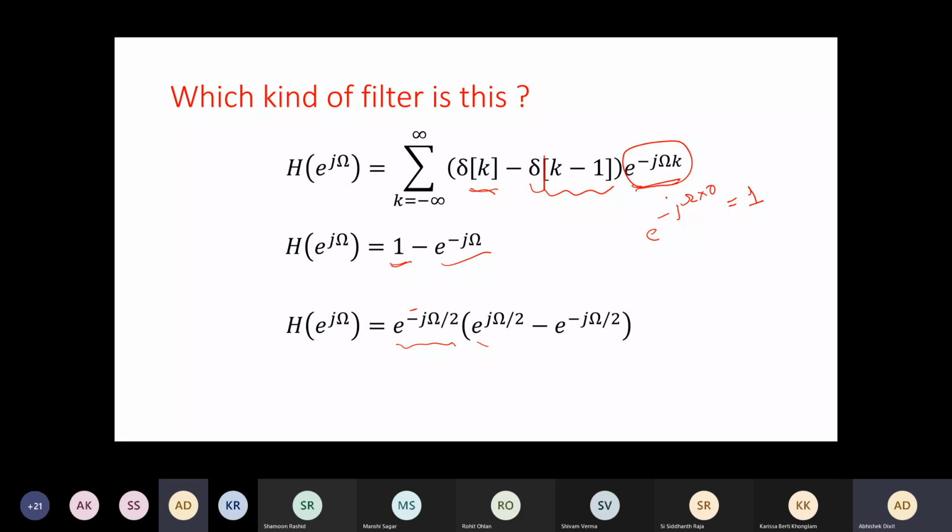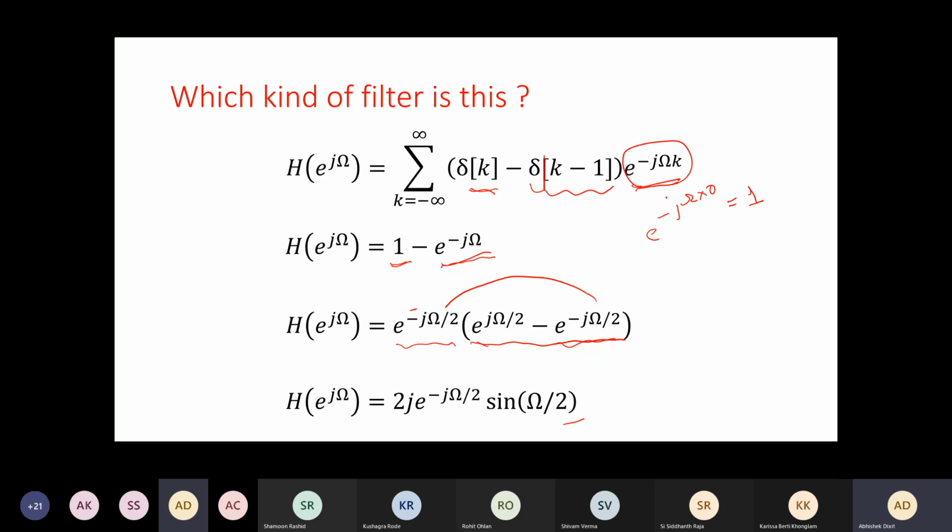Then minus, to get e to the power minus j omega, I have to multiply this with e to the power minus j omega by 2. So these two terms will make it e to the power minus j omega. Now this is a very known signal, right? So I can express this in sine omega by 2 form. So I can write this thing as this.